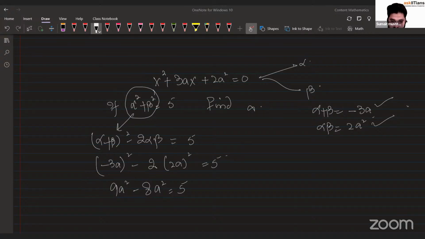Getting it or not? Are you getting me? So what's the value of a now?